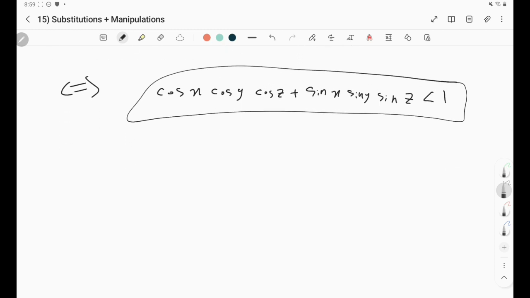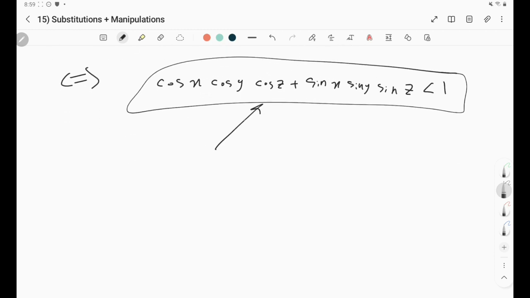Okay, so now let's try to prove this generally. How exactly can you prove something like this? If you recall, this thing should be familiar to you, but not really. If you have just 2 variables, cosine times cosine plus sine times sine, we already know that this is a famous formula. That's in fact equal to cosine of x minus y, right?